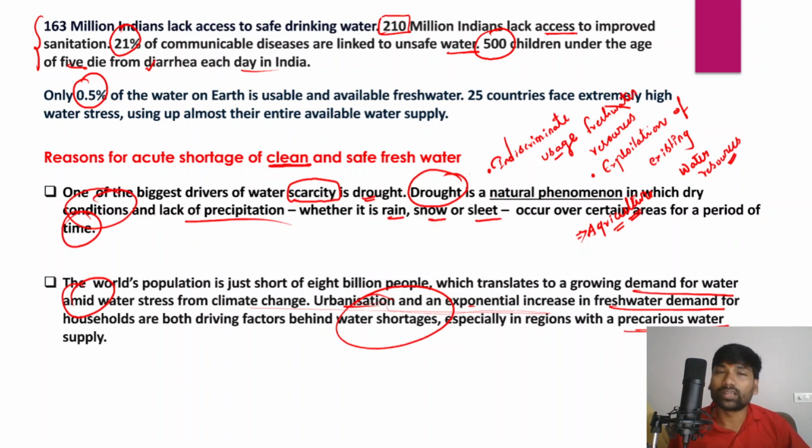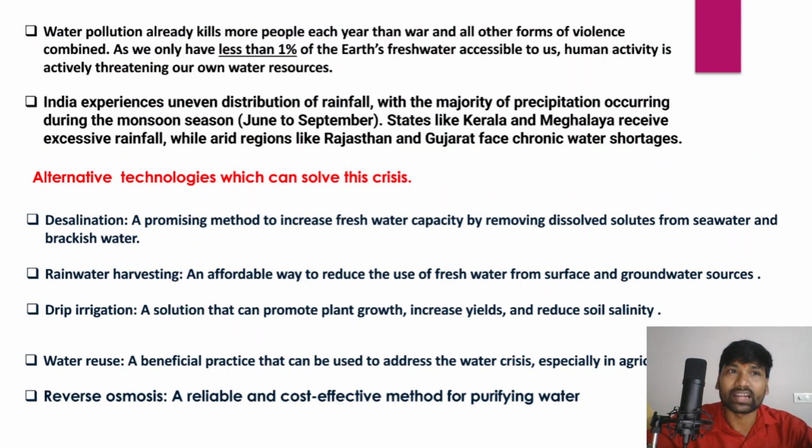So the world is moving towards large scale water stress or water crisis, and this would be much more problematic. In fact, water pollution already kills more people each year than war and all other forms of violence combined. So you can imagine the gravity of this problem of water scarcity.